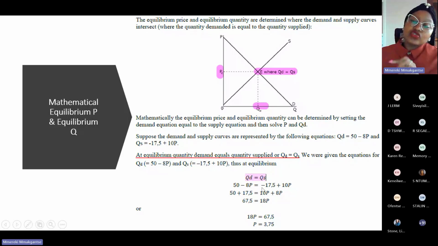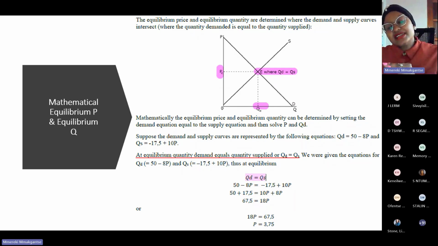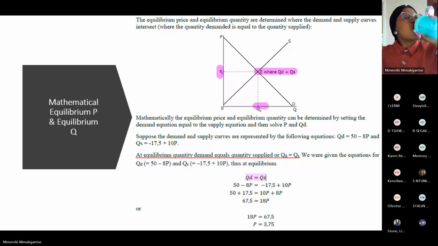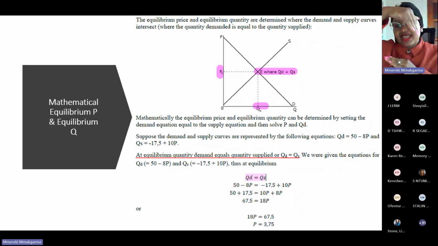If the 8P goes to the other side, it becomes positive, and the negative 17.5 jumped over to this side and became positive. So that's why the 8P was positive. I hope you understood. Do you understand now, Mbali? Can I get a thumbs up or just yes? Okay, thank you, Mbali.